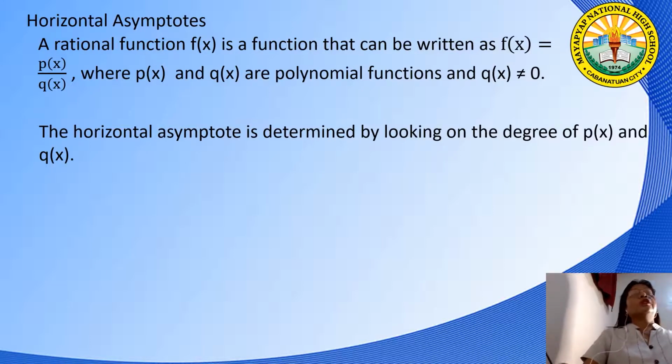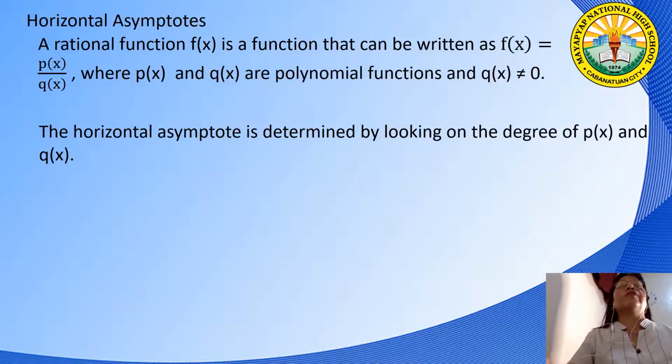Recall your lessons in finding the degree of a polynomial. Degree refers to the exponent. So in finding the horizontal asymptote, you can determine it by just looking at the degrees of the polynomials p of x and q of x.